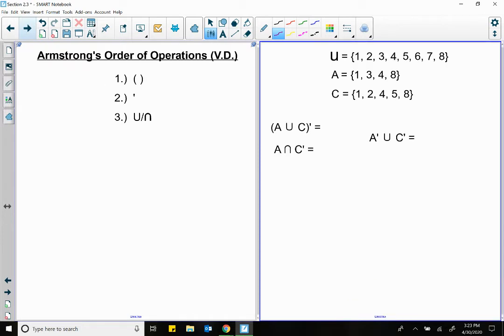So like I said, we're almost done with this section, but I changed it up. I've got a new universe, a new A and C. Go ahead and try this on your own. Make the Venn diagram and answer these 3 questions.